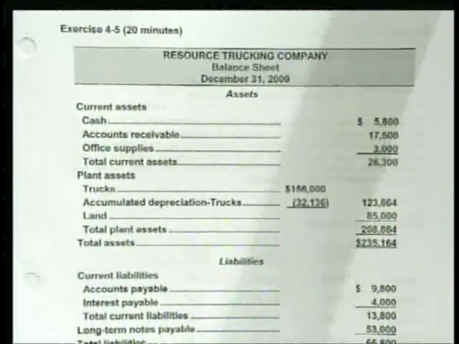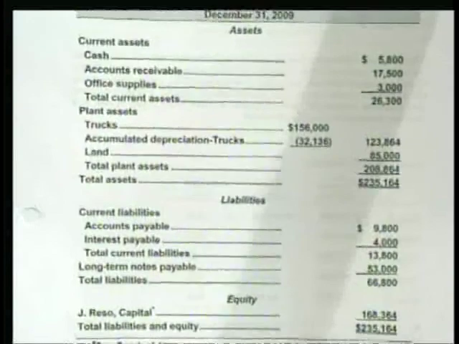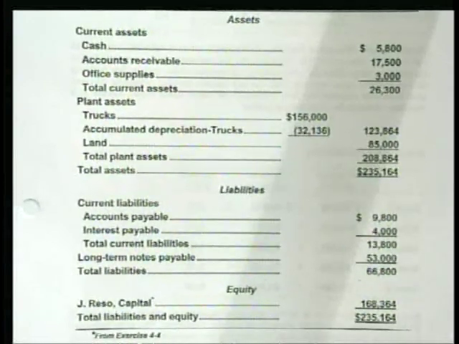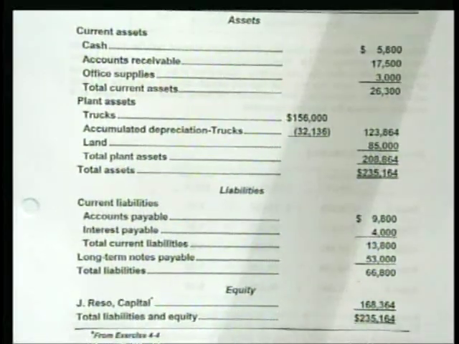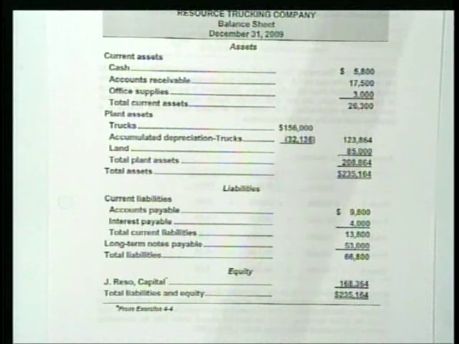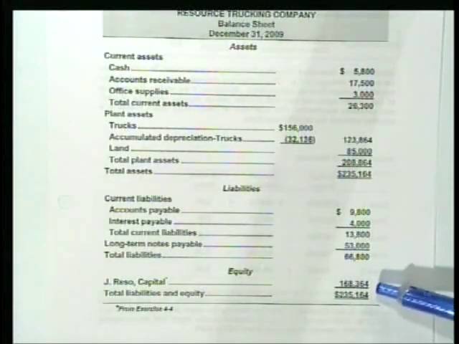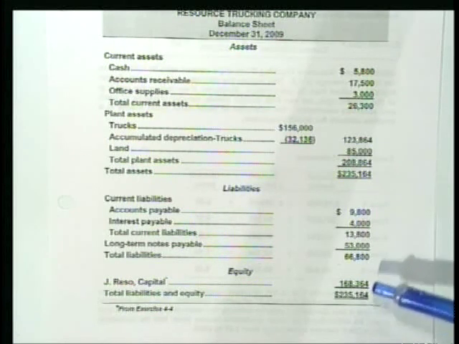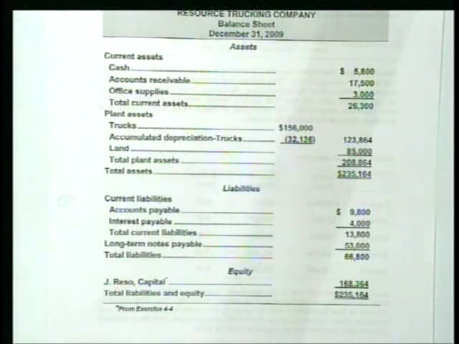You can see that it's titled correctly. And there is the answer to that. This capital amount was the ending balance of capital that we got from the statement of equity that we just did, right?